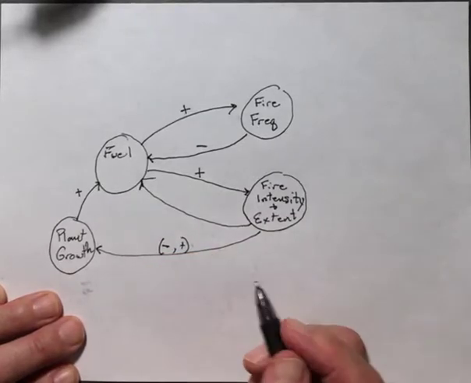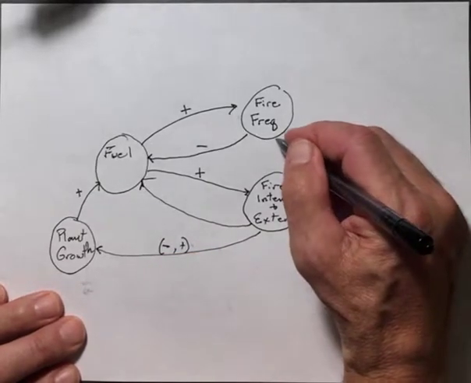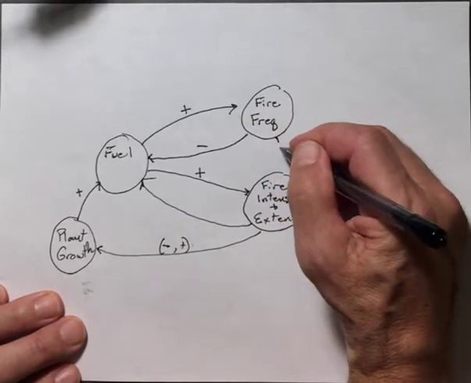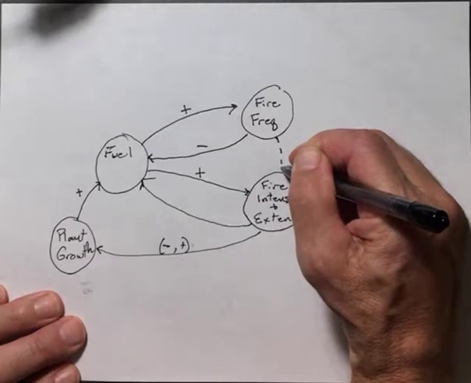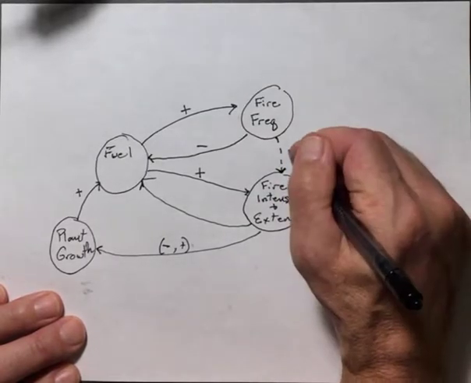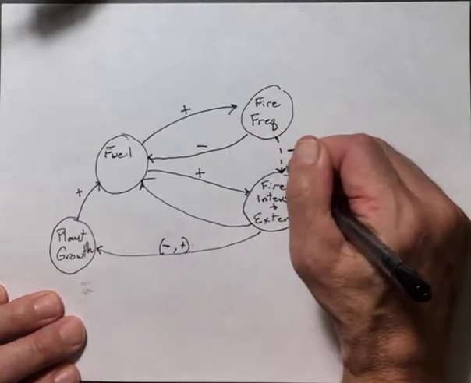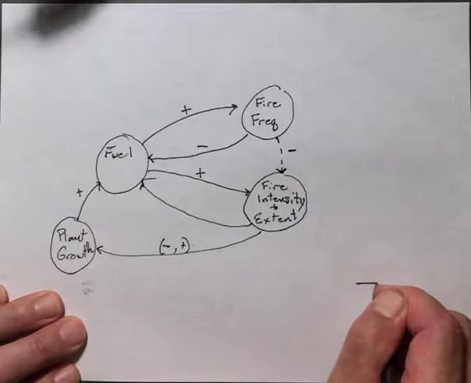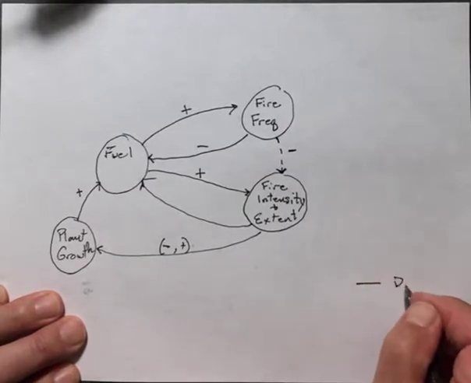But a critical step in this is that the more often you have fires, then you have a really strong indirect effect, and I'm making this a dashed line, making a little key down here. A solid line is a direct effect.